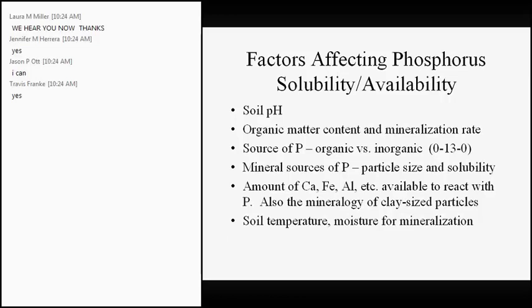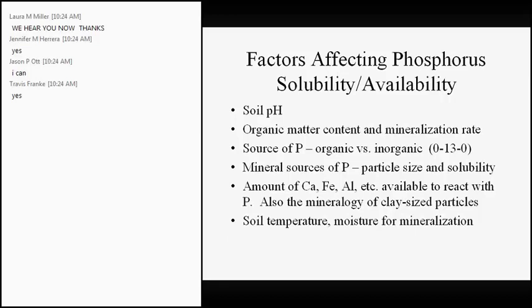So particle size plays a big role in its availability as well as solubility does. The amount of calcium, iron, aluminum, magnesium, manganese affect availability because it reacts with the phosphorus, and again, the smaller the particle size of those, the more reactive those materials are going to be.